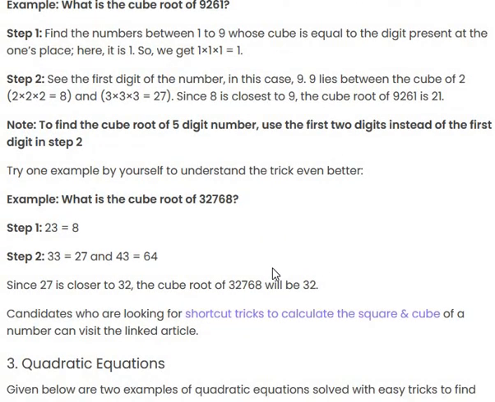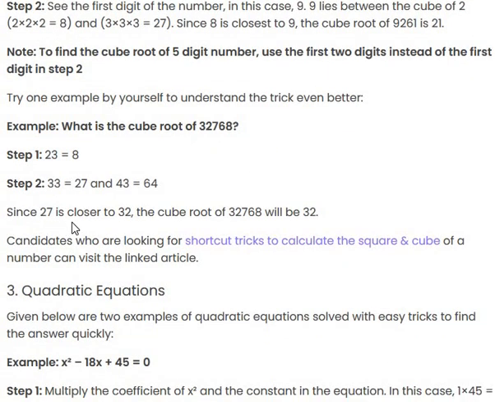Example: what is the cube root of 32,768? Step 1. 2 cubed is equal to 8. 3 cubed is equal to 27, and 4 cubed is equal to 64.